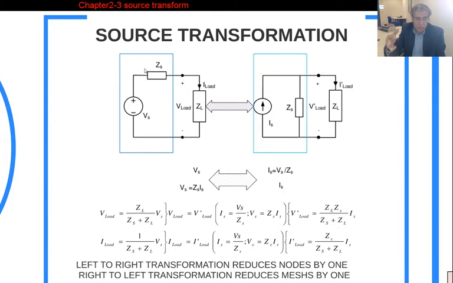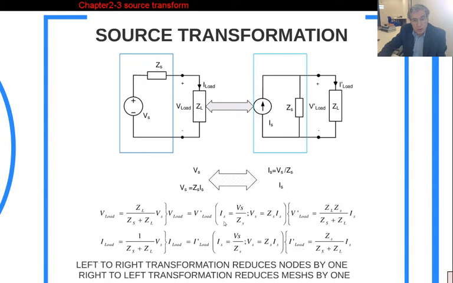So how are we going to prove it? When you replace this two with this two, the unchanged element here, which is the load, should have the same voltage and current. Here is the calculation of the load voltage and current on the left hand side, and the load voltage and current on the right hand side.